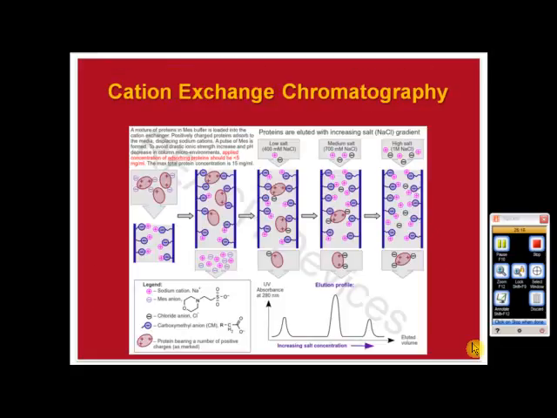You can see cation exchange chromatography, wherein the resin has negatively charged groups and the positively charged cations can be exchanged on its surface. Here you can see proteins with least binding, medium binding and high binding. The least binding are eluted first.